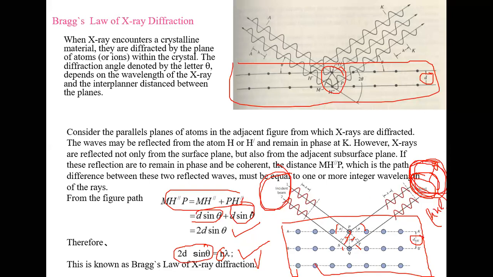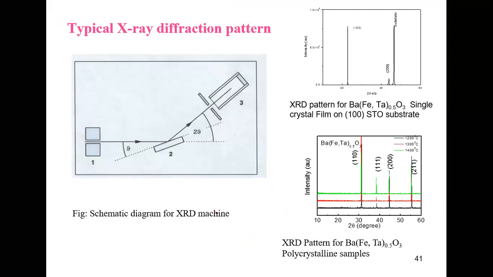But in an X-ray diffractometer, you need an X-ray source, because your torch light or room light cannot produce X-rays. You need a detector to detect the reflected light, and you also need the material that you are going to investigate. So these are the three parts.